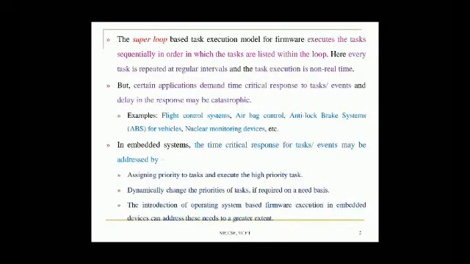Let's discuss the conventional task execution model, that is the super loop based task execution model, where we execute firmware which involves multiple tasks, but the order of execution of the tasks purely depends on the order in which they are listed within a loop.